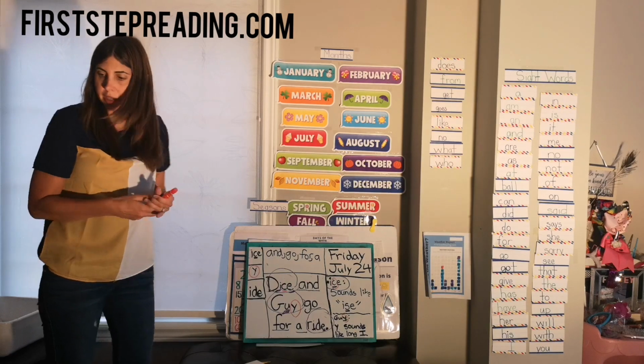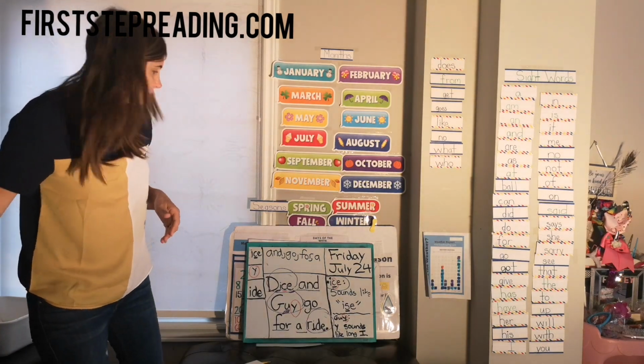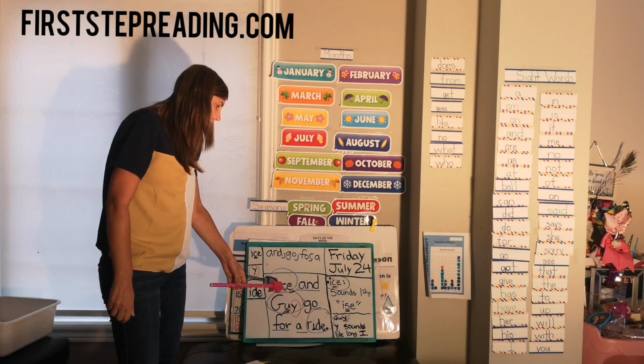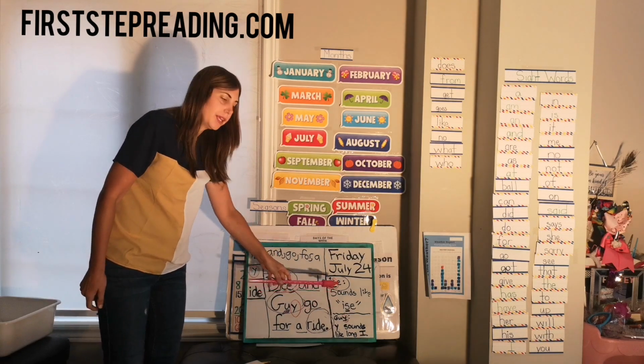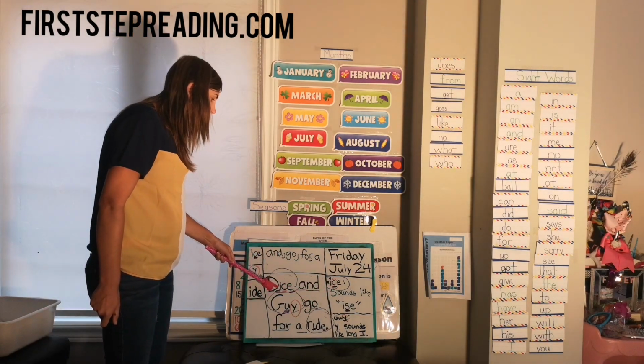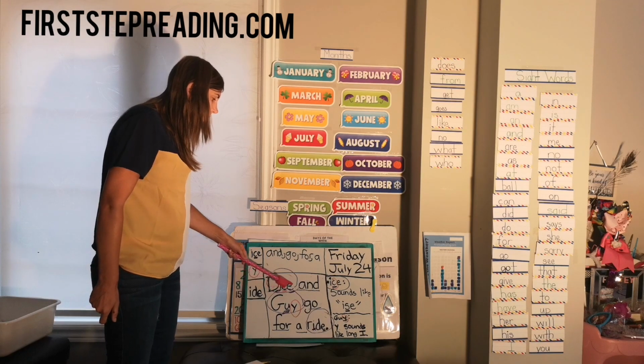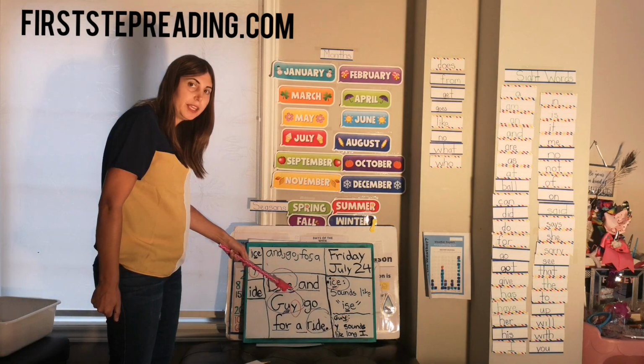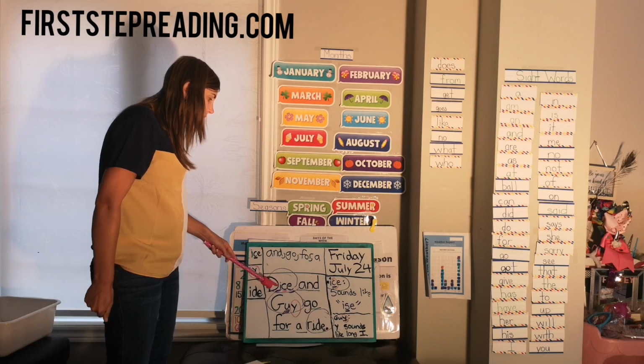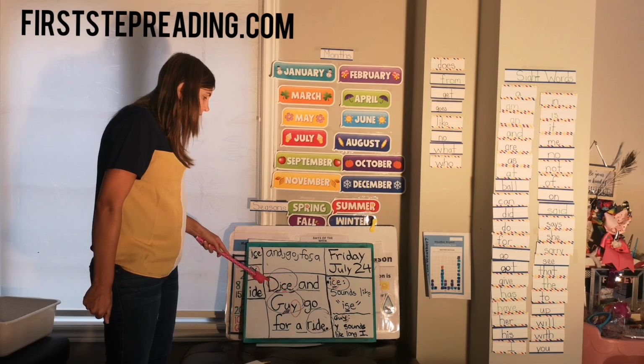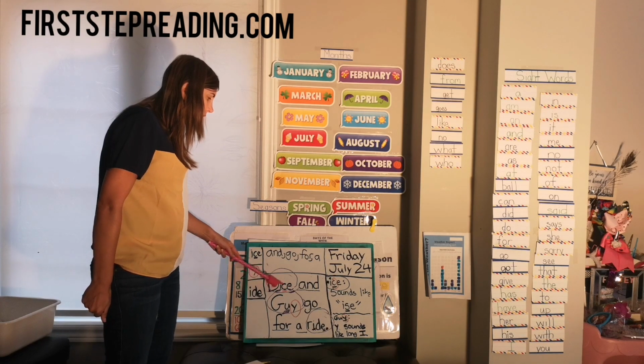Now I'm ready to sound out my sentence. Oh, I have an ice word, so my C is going to make an S sound. D-I-S, dice. See how I didn't say anything for the E, because the first vowel says its name, and the second vowel says nothing. D-I-S, dice.